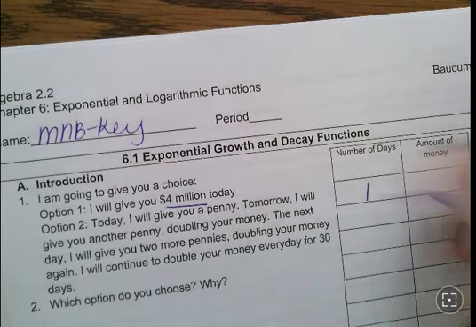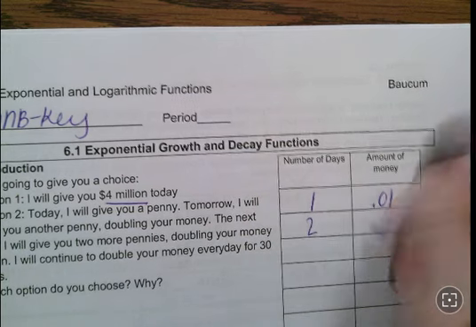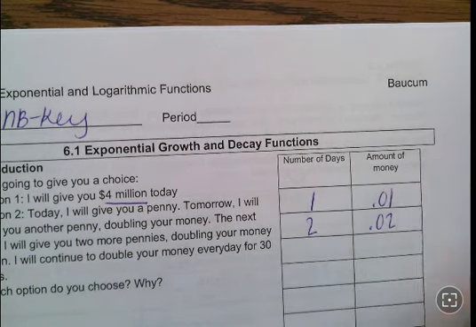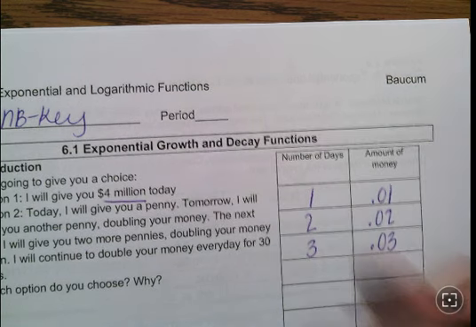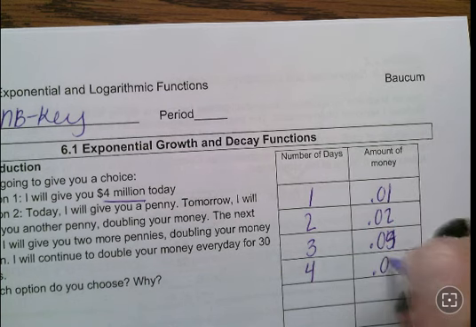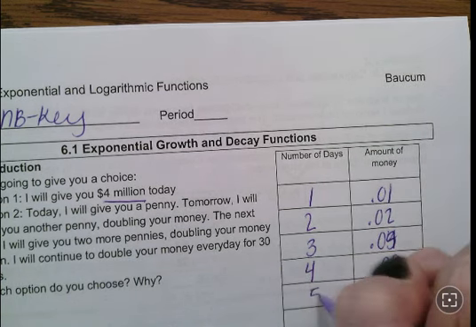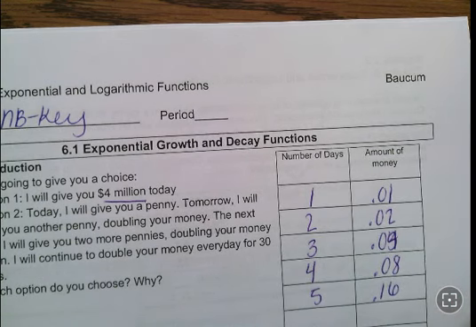Okay, so after 1 day, you have 1 cent. And after 2 days, I double your money and you have 2 cents. After 3 days, I double your money and you have 4 cents. After 4 days, I double your money and you have 8 cents. And then after 5 days, I double your money and you total have 16 cents.